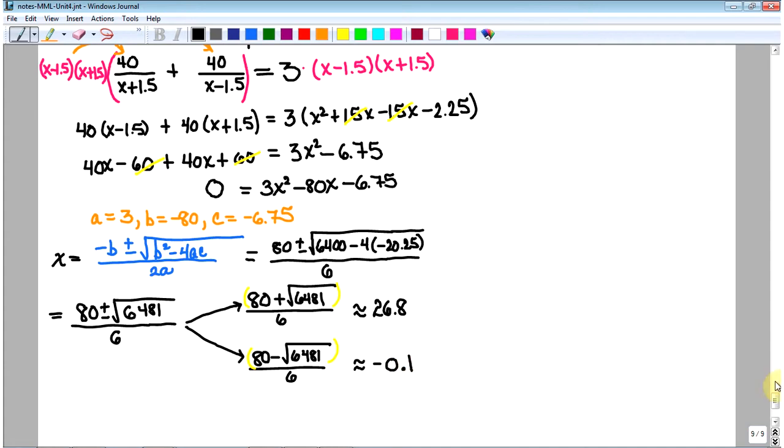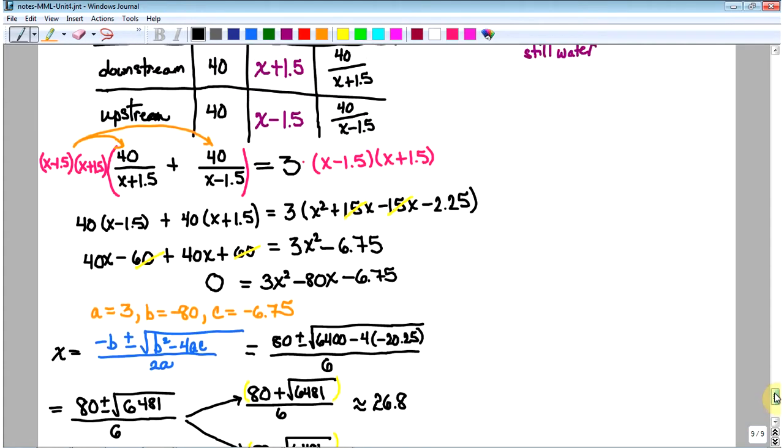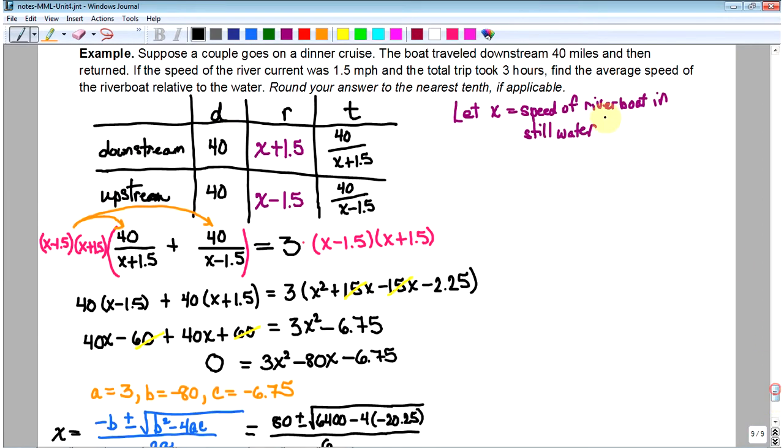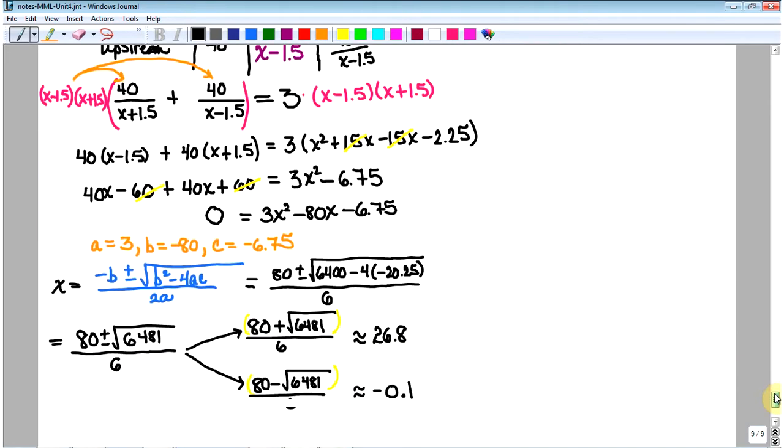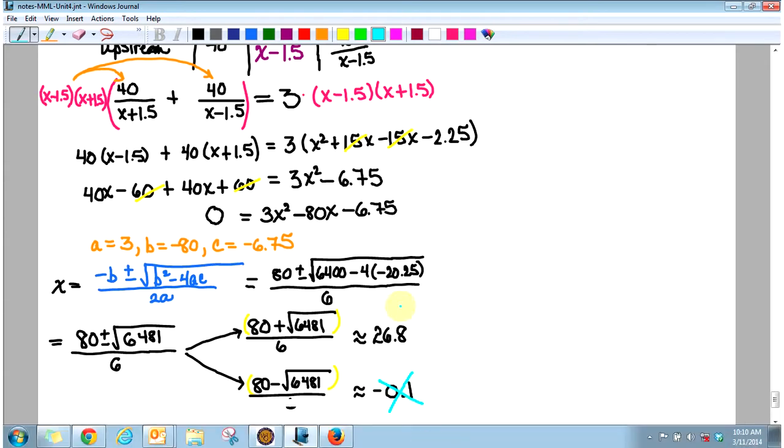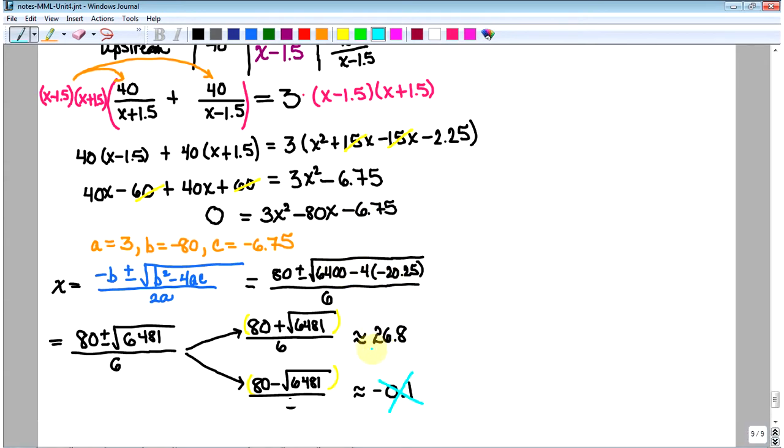Let's see what our x represents again. X represented the speed of the riverboat in still water. We're not going to have a boat with a negative speed because it would be traveling backwards. So that means the 26.8 is a value that we want, and our units are miles per hour.